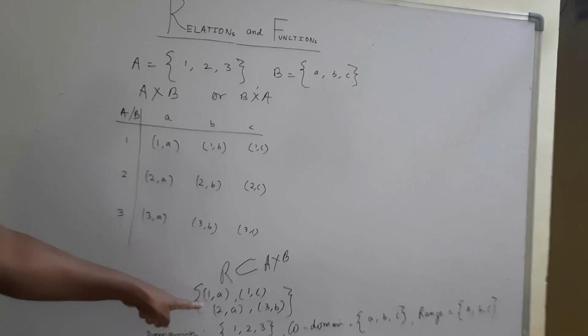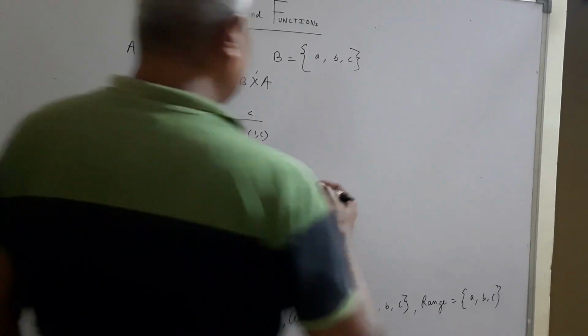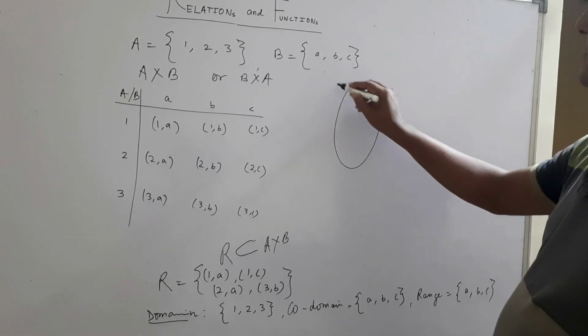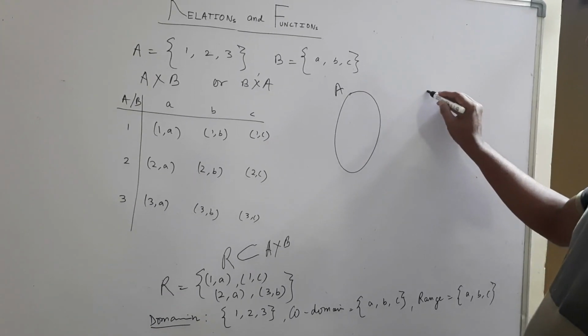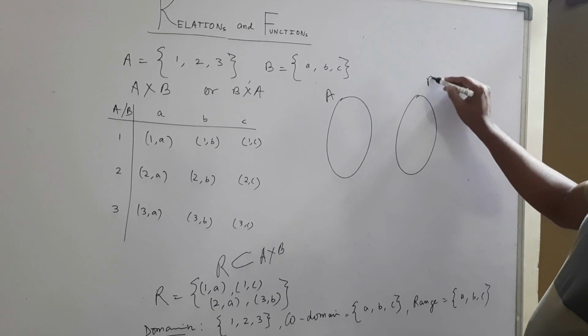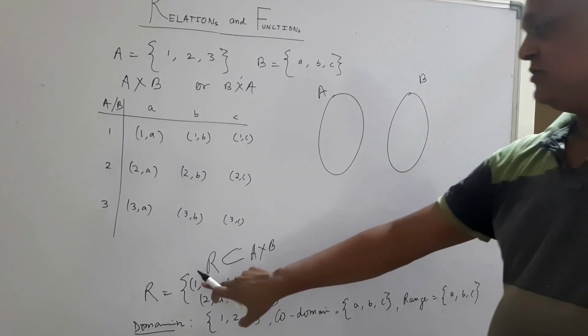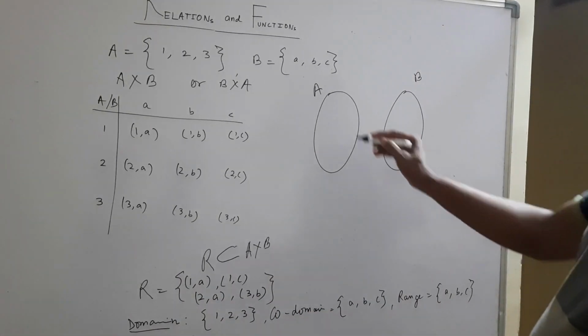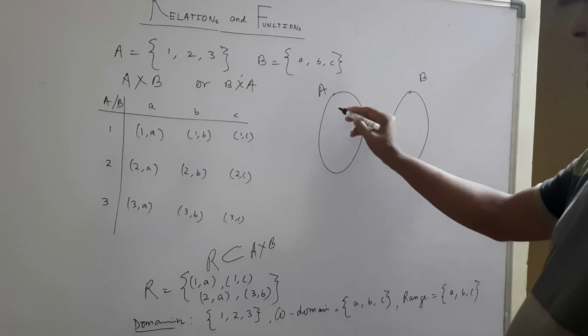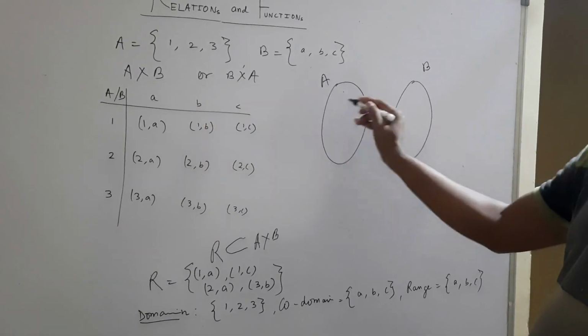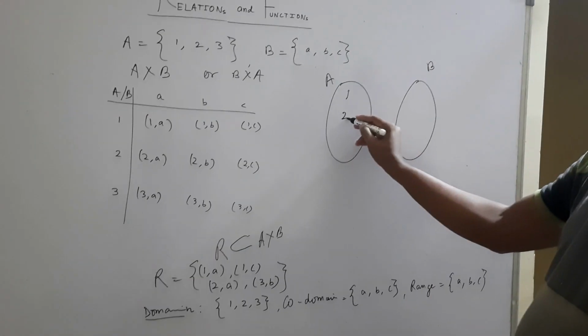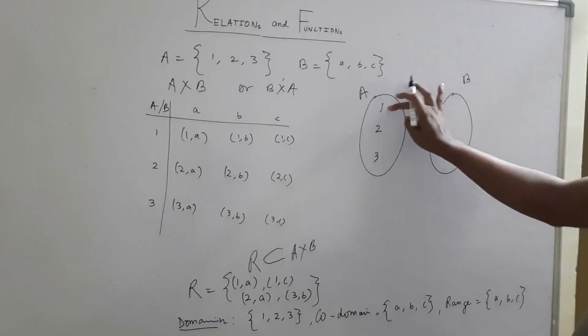So this is the R. Now I want to represent this in the form of mapping. So this is my set A, and this is my set B. Set A has 1, 2, 3, and these 3 values from set A are called the domain.